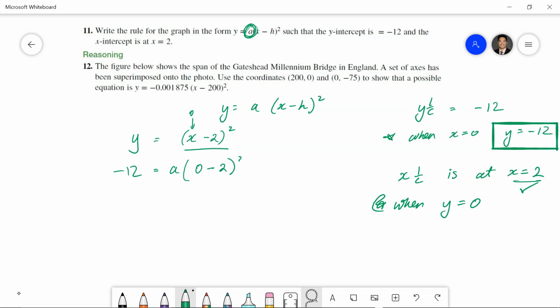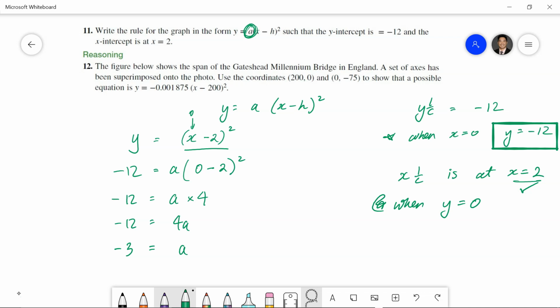0 minus 2 all squared as our base structure right now. Okay, so we know that minus 2 all squared is 4. And 4 times a is equal to minus 12, which is just 4a. And we can say that a is equal to minus 3 just through basic linear equation solving.